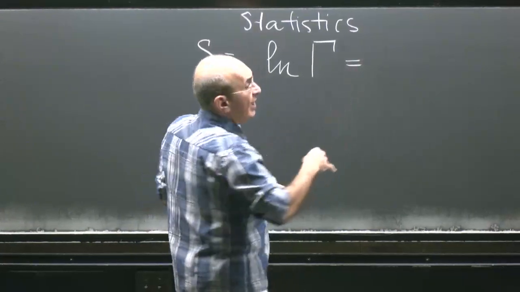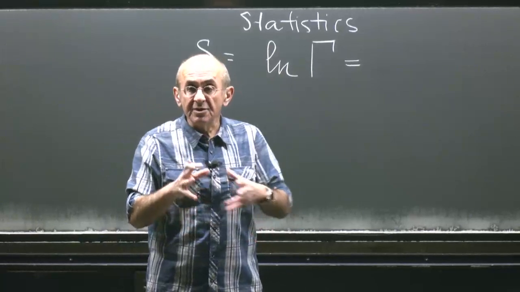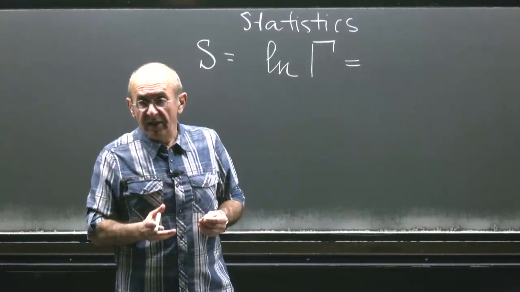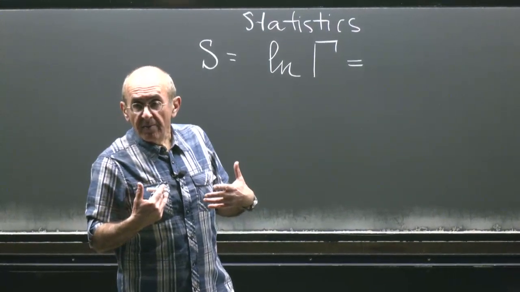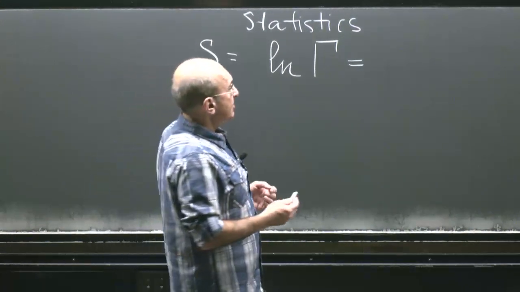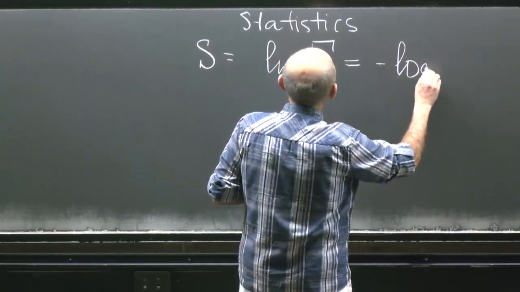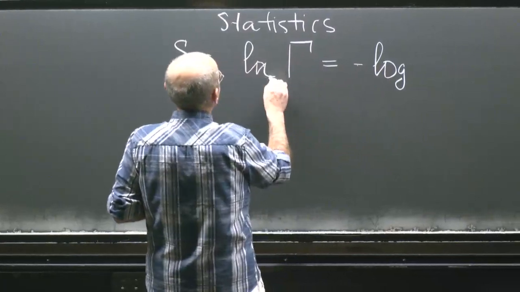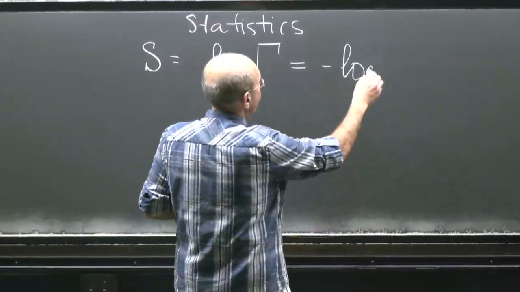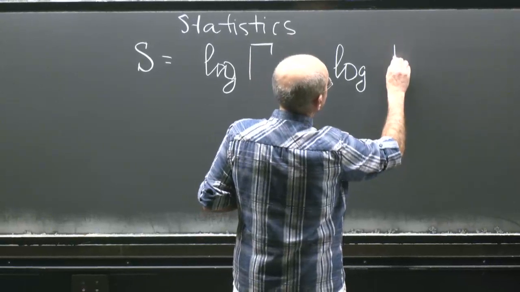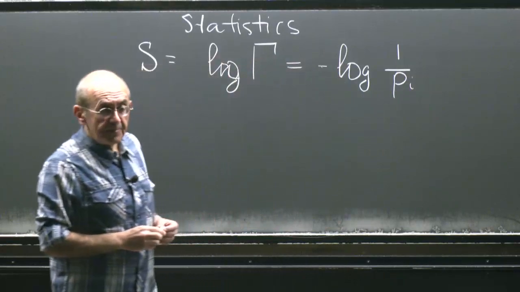And if we don't know anything about the states, we assume that the system could be with equal probability in any of such states. And it is then possible to prove that this is the maximal entropy state. And this is just minus a logarithm of, I'll be using logarithm base 2 because everything will be in bits, so it's 1 divided by the probability of being in any state.